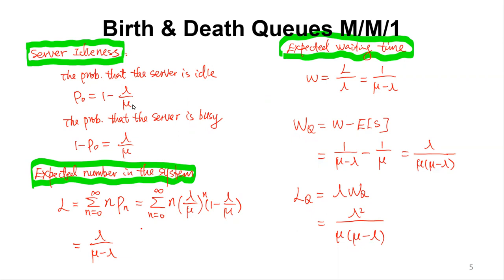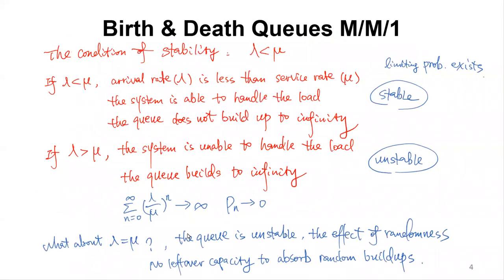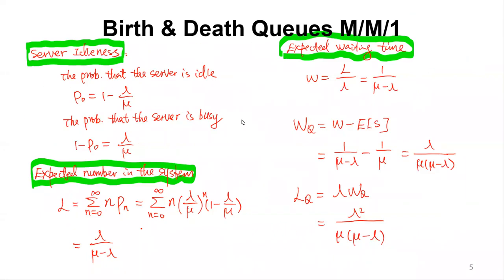That is P0. The server is idle because there's nobody in the system, the fraction of time there's nobody in the system. So P0 equals 1 minus rho, so 1 minus lambda over mu. So it's over here, P0. And the probability that the server is busy is 1 minus P0, which equals lambda over mu. So this is rho.